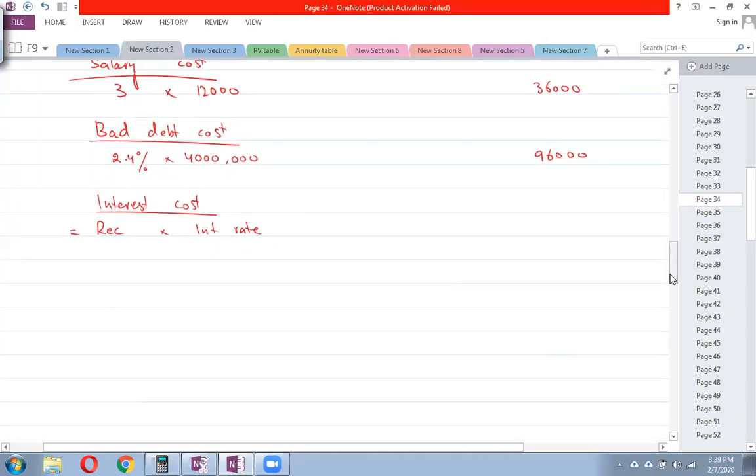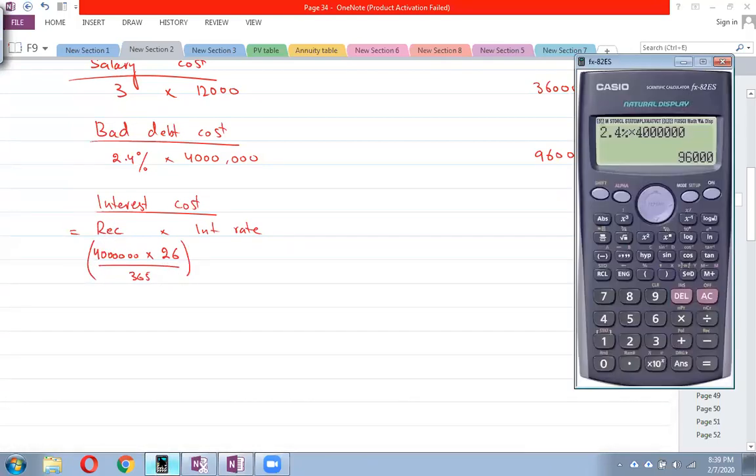So receivables, which is sales, 4 million, multiplied by the average receivable days given in the question, 26 divided by 365. This will give us our receivables. If you calculate it, this is going to be less than 550,000. So 4 million multiplied by 26 divided by 365.